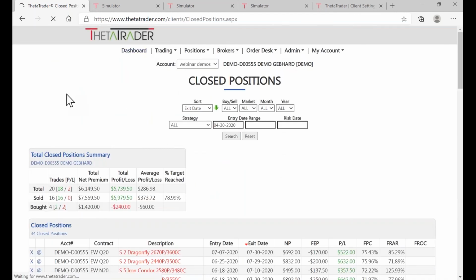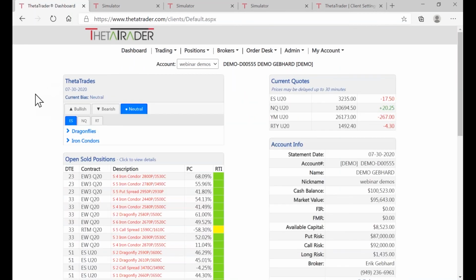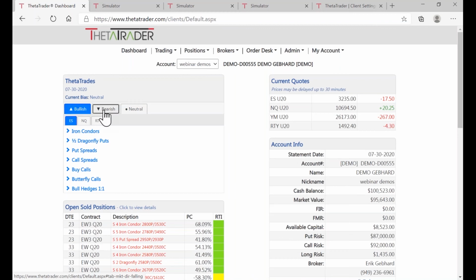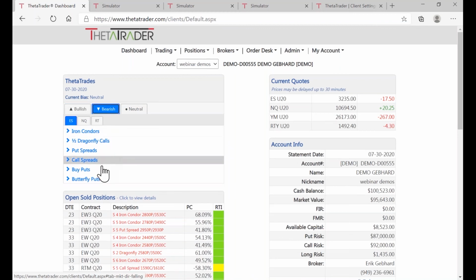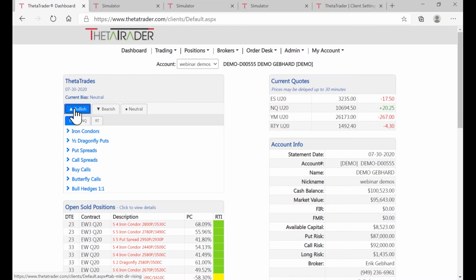We looked at these non-directional strategies, the condor and the dragonfly, but keep in mind, we also employ bullish and bearish strategies. In fact, something we just did yesterday or the day before, take a look here, something called a bull hedge or a bear hedge.